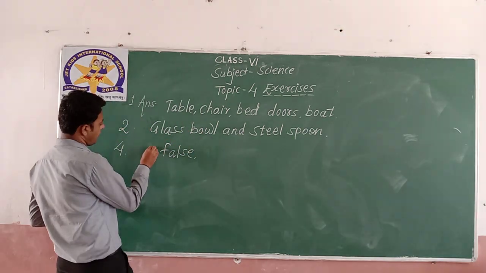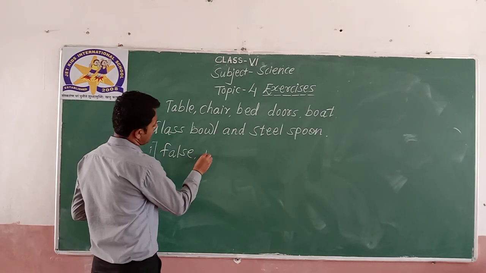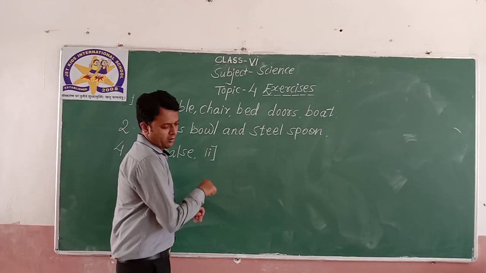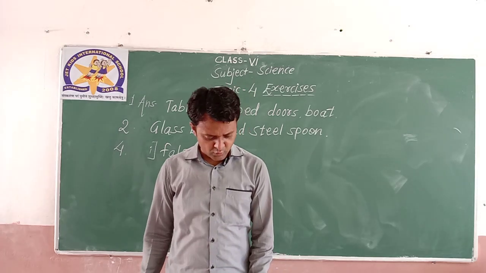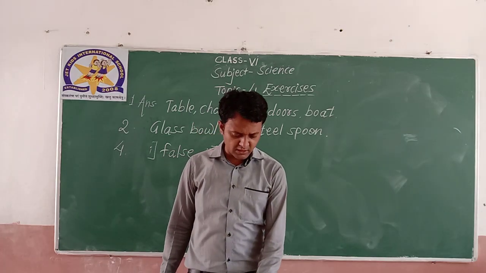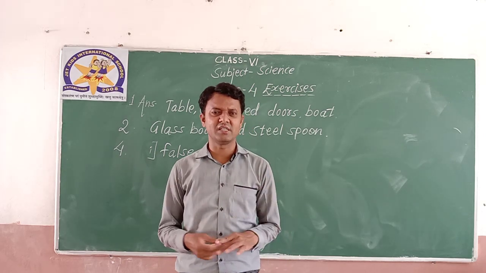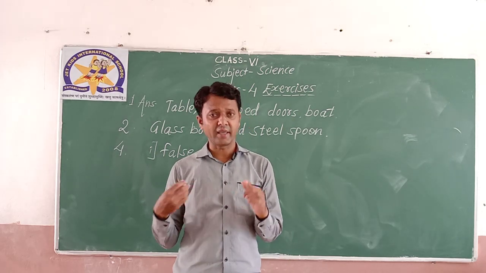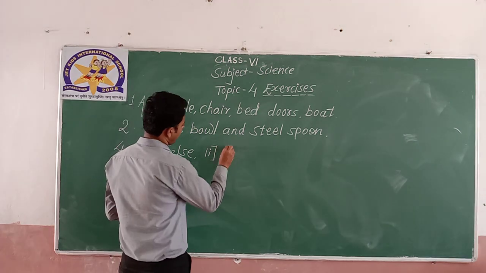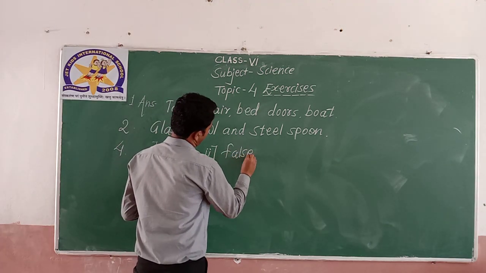Roman 1, false. Roman 2, let me read what is given there. A notebook has luster while eraser does not. False. Obviously, a notebook does not have luster. Eraser has. So it is a false statement.